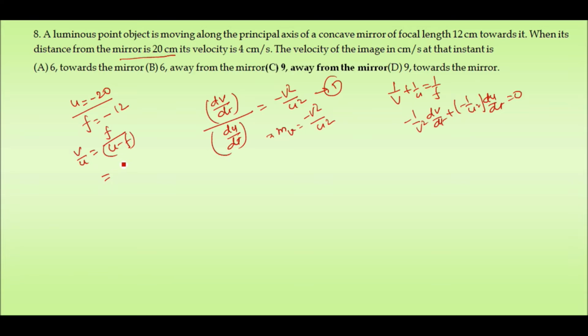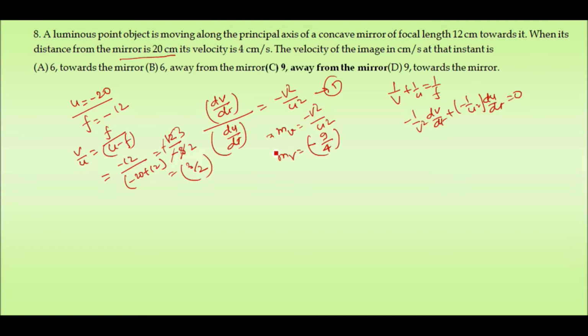So from there we get v by u is equal to minus 12 divided by minus 20 plus 12, that is minus 12 divided by minus 8, so it's 3 by 2. So clearly in this case the velocity magnification mv is equal to minus 9 by 4.